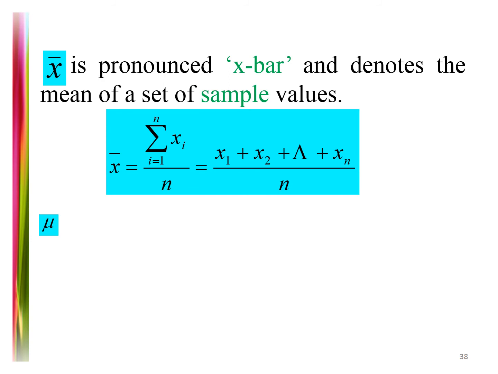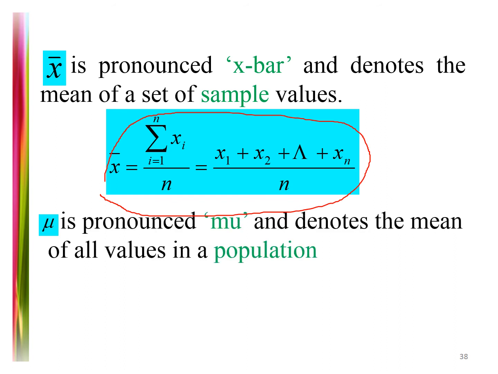This is pronounced x bar, and is denoted as the mean of the data sample. That means the sum of all observations divided by n, that is x1 plus x2 up to xn divided by n. That is the sample mean. For the population mean we use the notation mu.